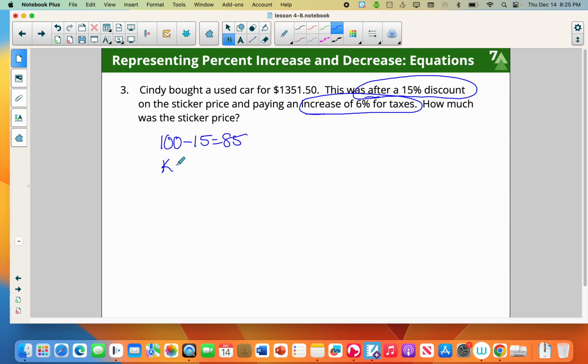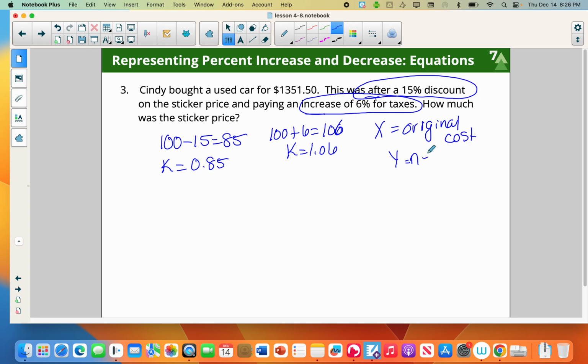So my first k value is 0.85. 100 plus 6 is 106. So my second k value is 1.06. X is my original cost. Y is my new cost.